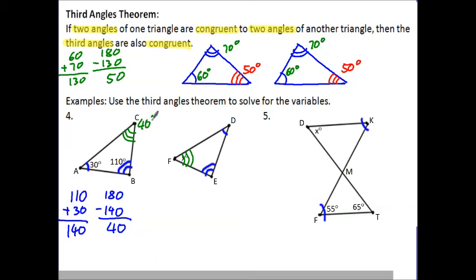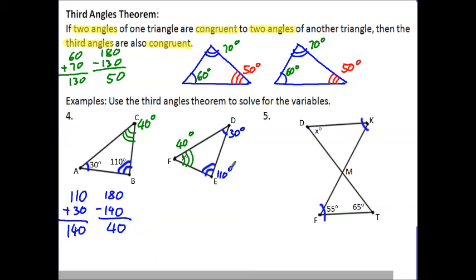Angle C is 40 degrees, and if angle C is 40 degrees, then so is angle F. And clearly we also know, and we can write that down as well, that angle D is 30 and angle E is 110. So be careful here and note that the angles do not necessarily look like they were in the same order.